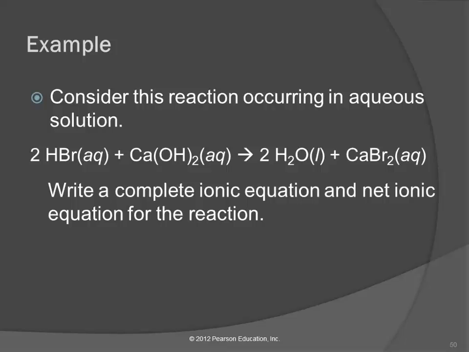So we're given the balanced molecular equation, and they ask us to write a complete ionic equation and a net ionic equation. So we have to look at the reactants and products in that equation that we're given, and the ones that are aqueous means it's dissolved into ions and they separate, they're mingling. And when I write these, I'm going to skip the AQ for each ion because otherwise it just doesn't fit.